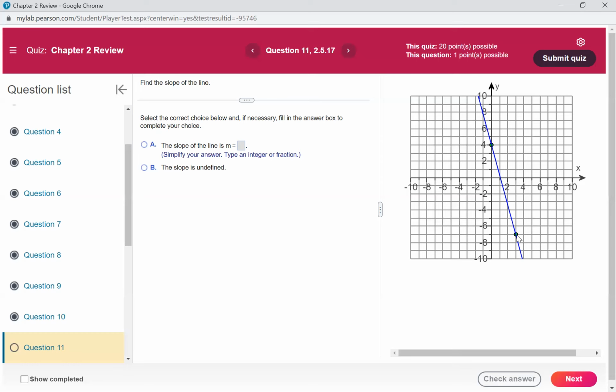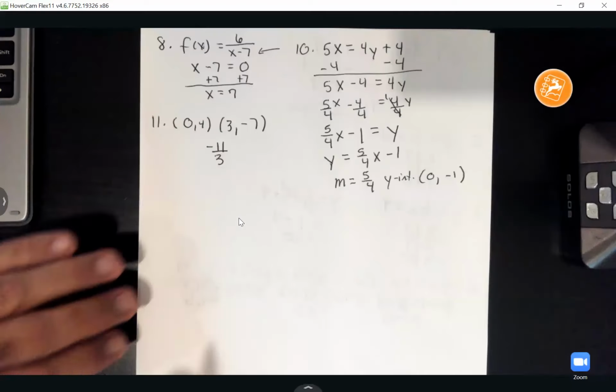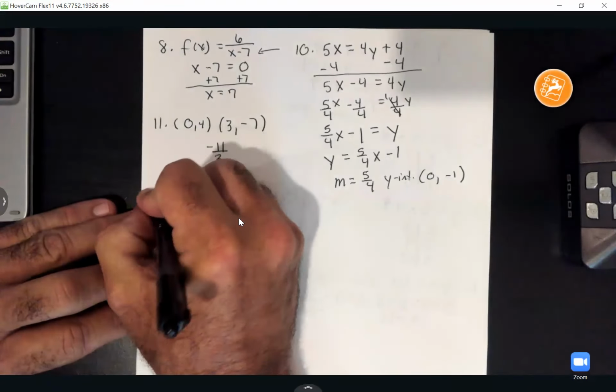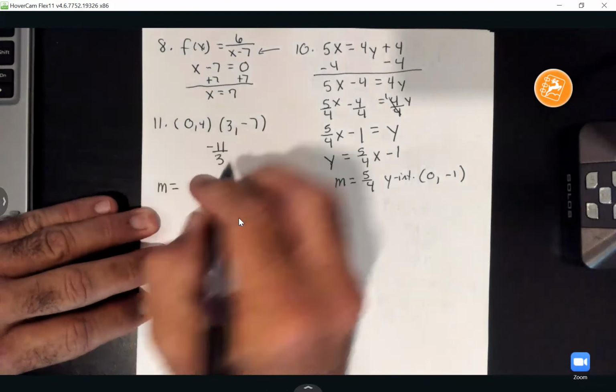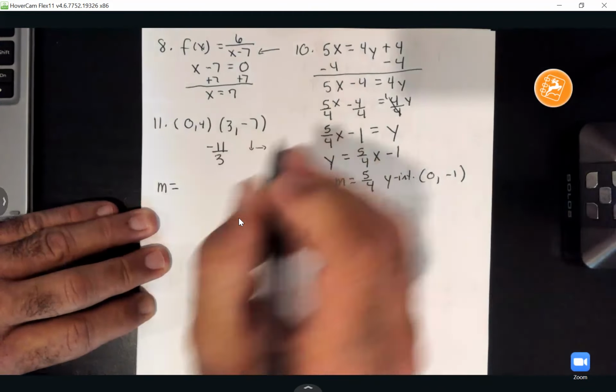Now, if you don't like that method, but remember, when you do that method, you either go straight up or straight down first. If you went up, you'd be positive. But remember, if you go down, you're going down negative. Now, let's see if we get the same thing doing this by the slope formula. So we got -11/3 when we counted down and right.